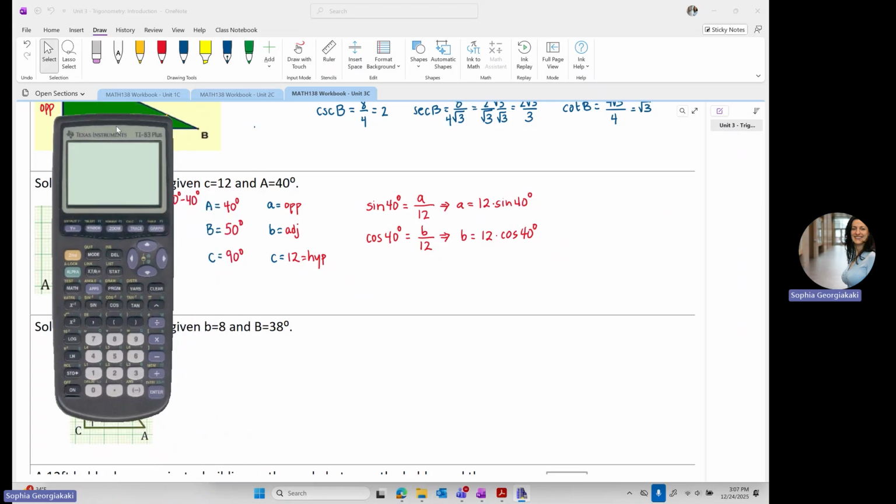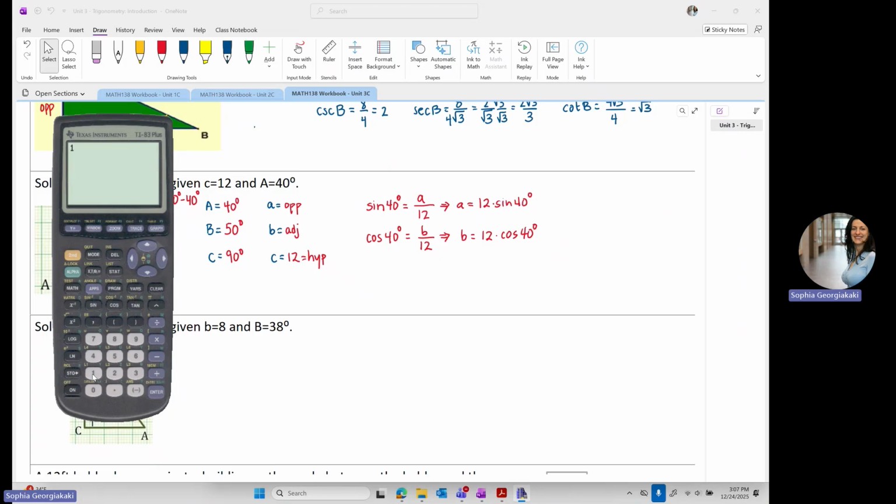Therefore, without instructions, I would round to the nearest tenth. Now, you want to make sure your calculator is in degree mode. My calculator usually defaults in radian mode. I have made sure it is in degree, so that when I use the sine of 40, it calculates the sine of 40 degrees and not the sine of 40 radians.